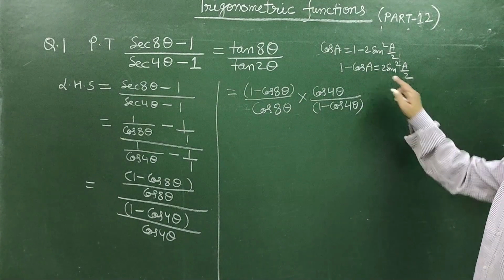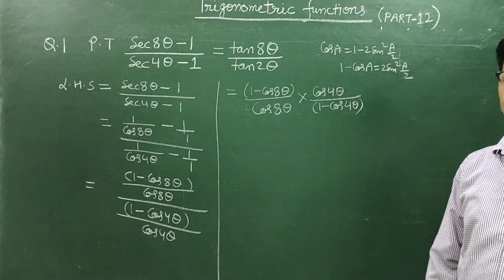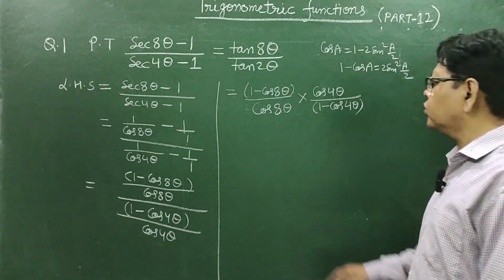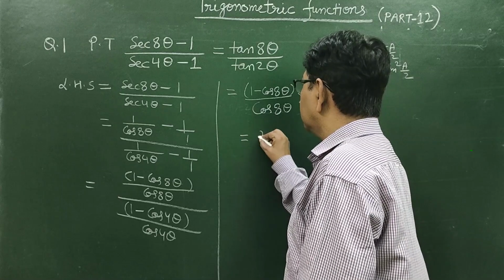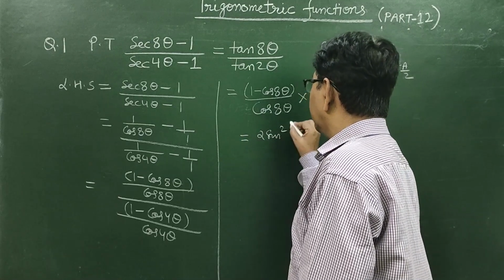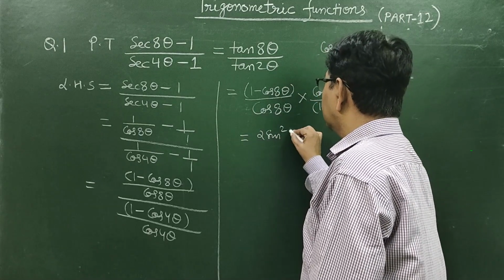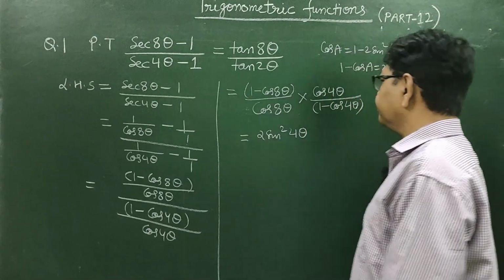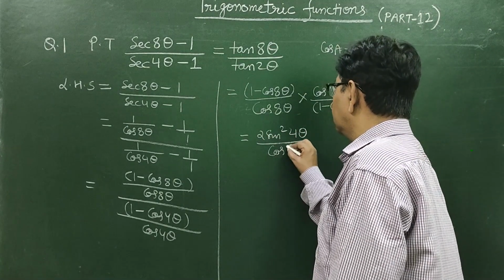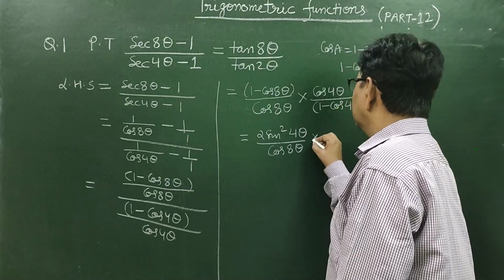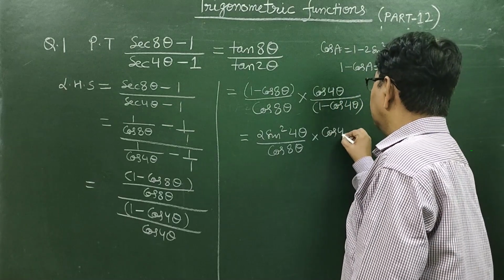So using this formula, you can write 1 minus cos 8θ is equal to 2 sin square of half of 8θ, that is 4θ, upon cos 8θ into cos 4θ.